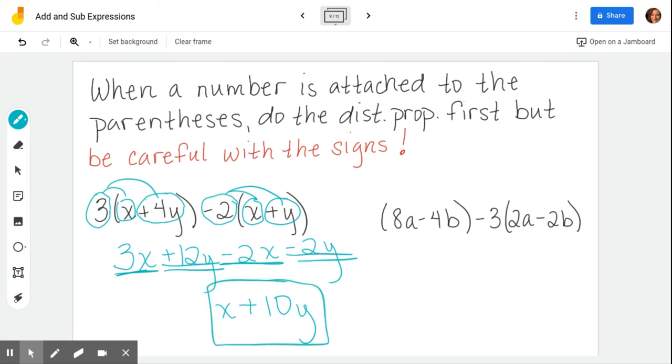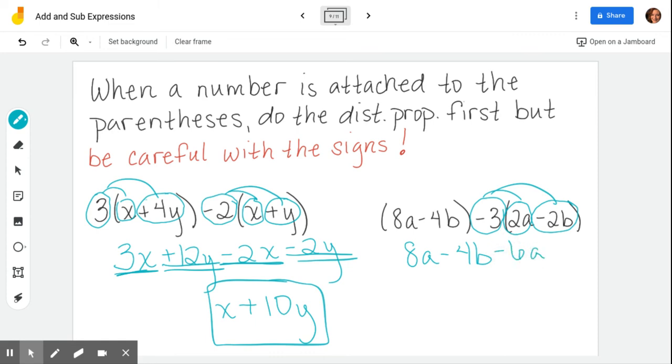Okay, second problem. Nothing attached to the first set of parentheses, so that's just 8a minus 4b like it shows now. Second set of parentheses, I have a -3 attached. Inside, I have a 2a and a minus or a -2b. Distribute, rainbow, rainbow. -3 times 2a is -6a.